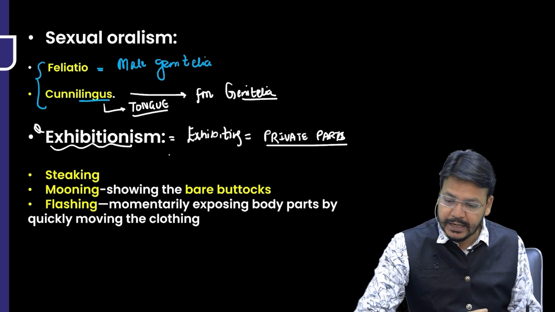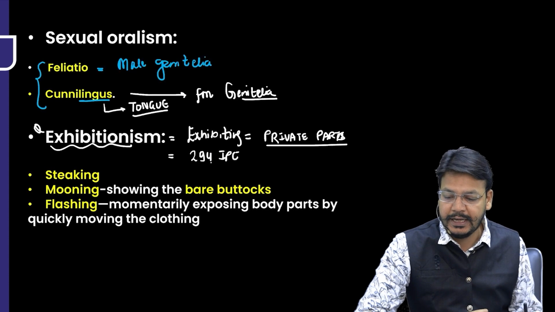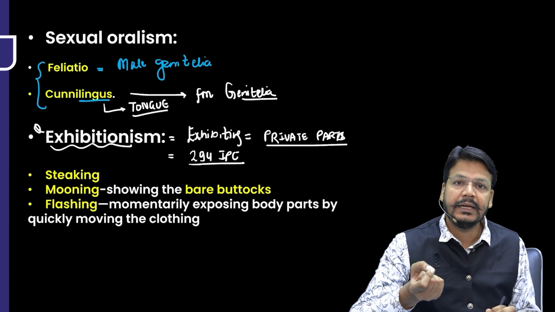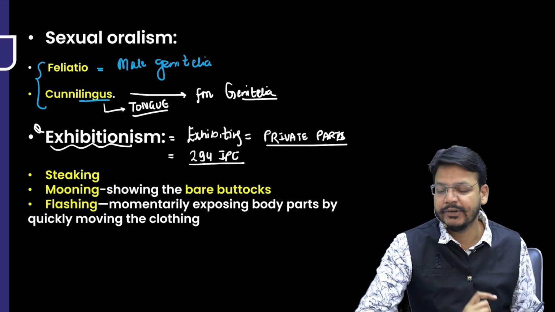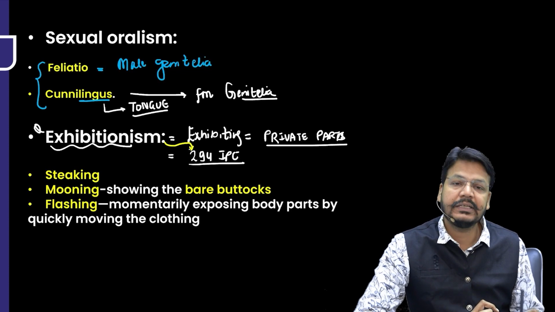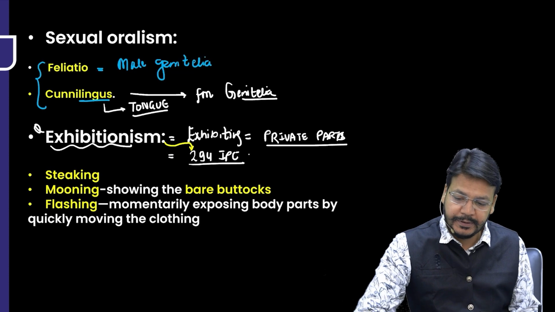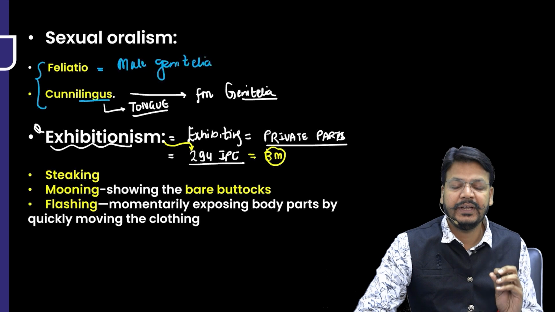And my dear friend, exhibitionism is punishable under 294 IPC. 294. In Hindi, you can remember 2, 2, 90 ने चार चीजें दिखा दी. 2 ने 4 चीजें दिखा दी. That's a trick you can remember. So exhibitionism is showing or exhibiting your private parts, and it is punishable under 294 IPC, punishment for 3 months. Punishment for 3 months. Very, very important.